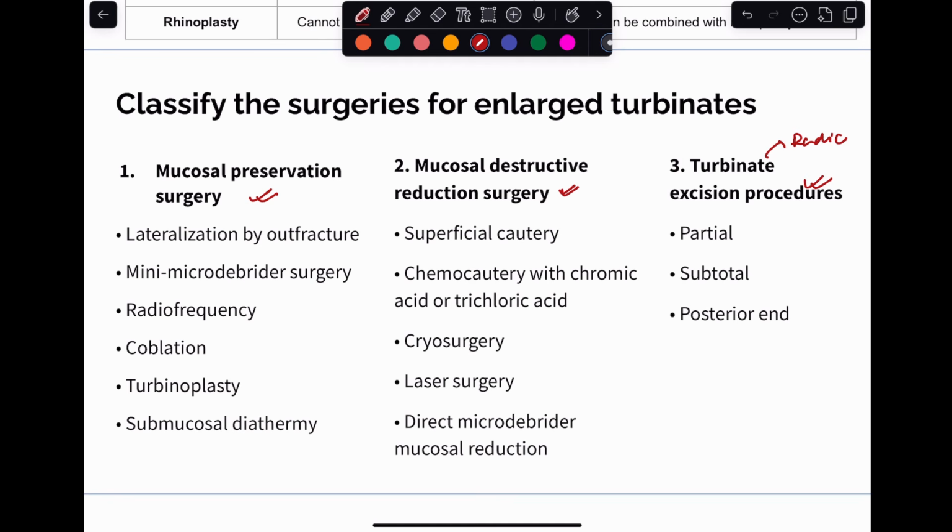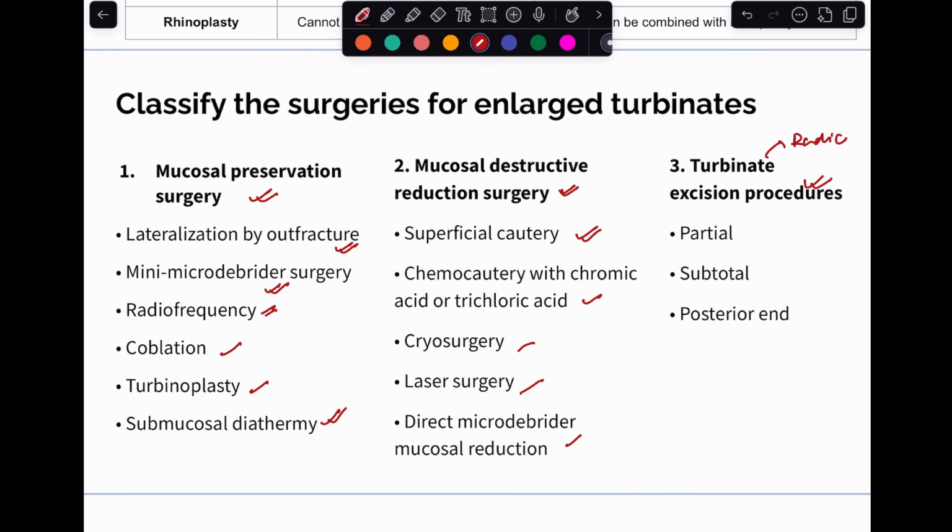In mucosal preservation surgery, we can lateralize it by outfracturing, or we have mini microdebrider surgery, radiofrequency coblation, turbinoplasty, and submucosal diathermy. Under mucosal destructive reduction surgeries, we have superficial cautery, chemical cautery with chromic acid or trichloroacetic acid, cryosurgery, laser surgery, and direct microdebrider mucosal reduction.